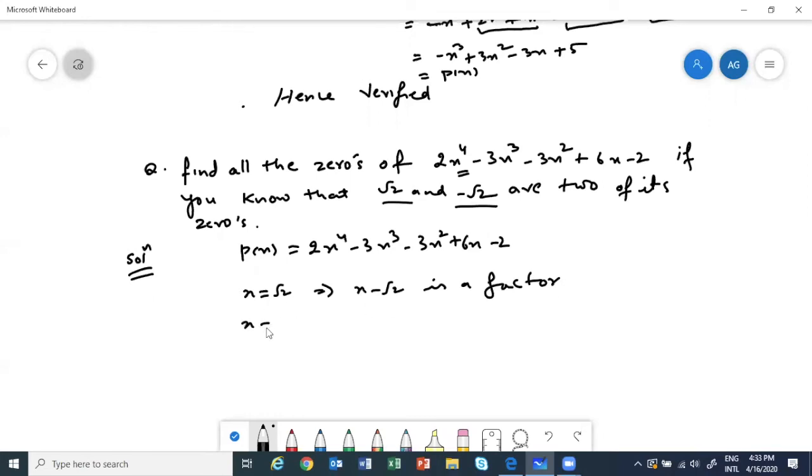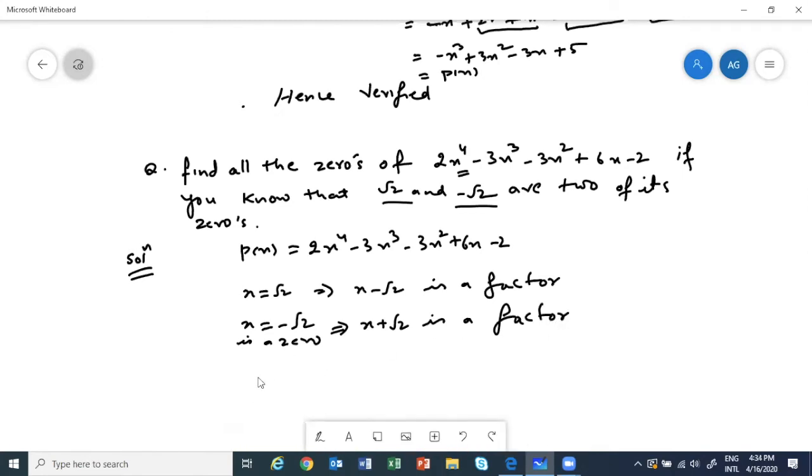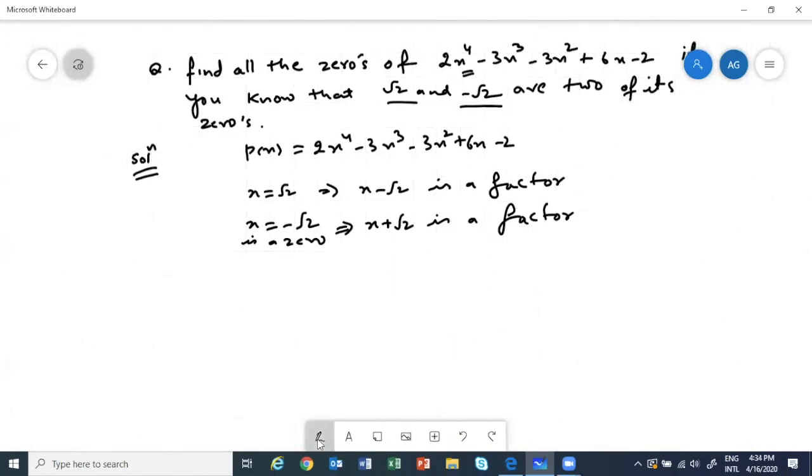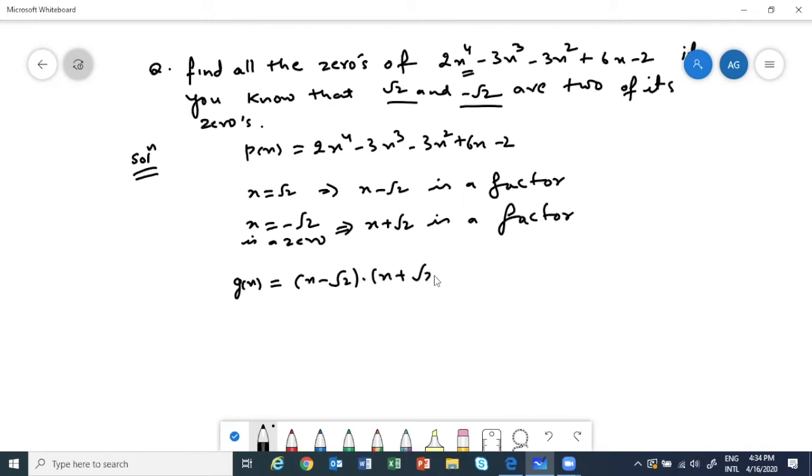Similarly, if x is equal to minus root 2 is a zero, then this will imply x plus root 2 is a factor. Once you have this, next step is you multiply both the factors and get G(x). Your G(x) will be x minus root 2 multiplied by x plus root 2.